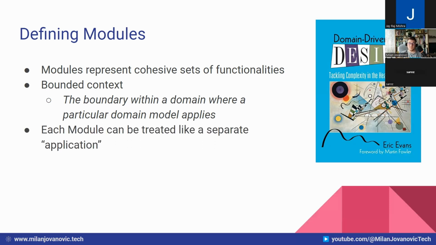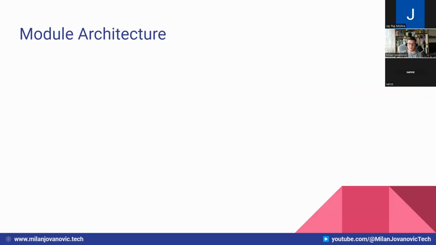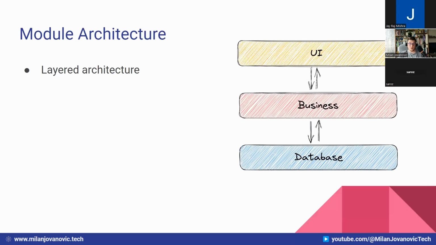And also, you can treat each module as a separate application, meaning that it should be isolated from the other modules and be able to function independently of the other modules. Now, having said that your module should be independent, it means that you need to choose a top-level architecture for your modules.